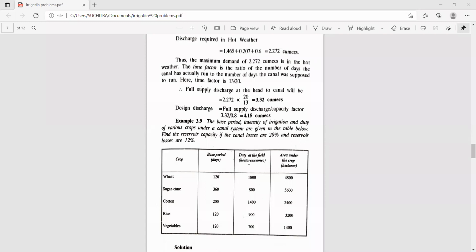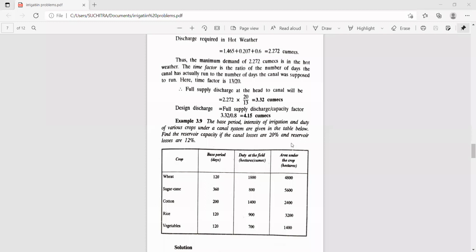The duty at the field for each crop is given in hectare per cumec, and the area under each crop is in hectares. Now we have to calculate the reservoir capacity considering the canal losses as 20% and the reservoir losses as 12%.